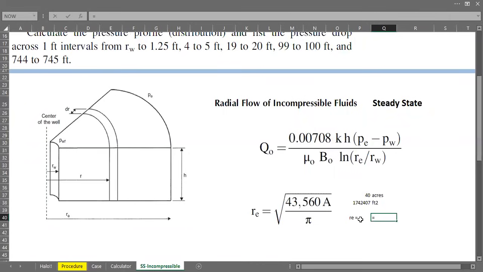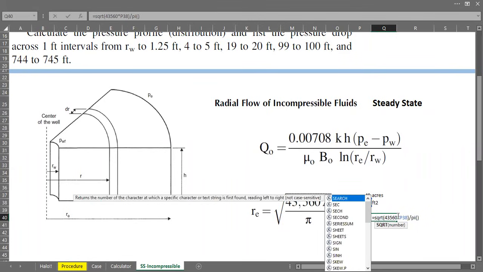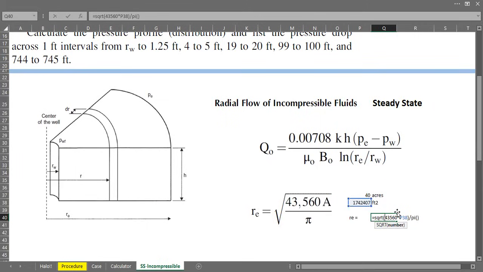It's square root, SQRT, of 43,560 multiplied by the area, which is this one in square foot, divided by pi. Okay, this is square root. All right. And then I will make this like this.